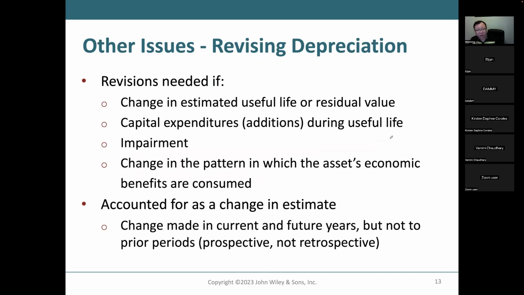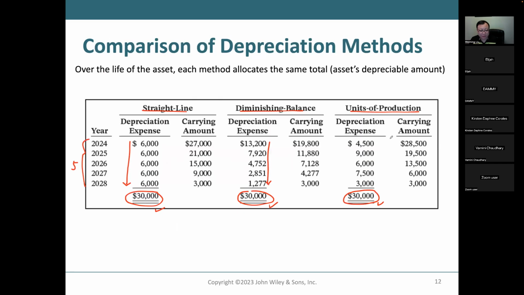Now, revising depreciation. Revisions may be required. In the year of 2024, you start with 33,000 going to 3,000 over 5 years, so you calculate 6,000.